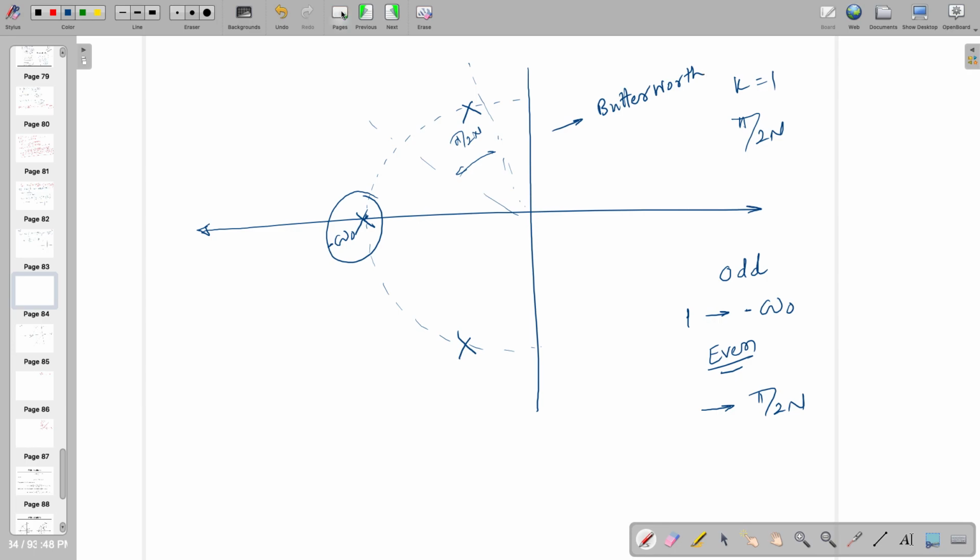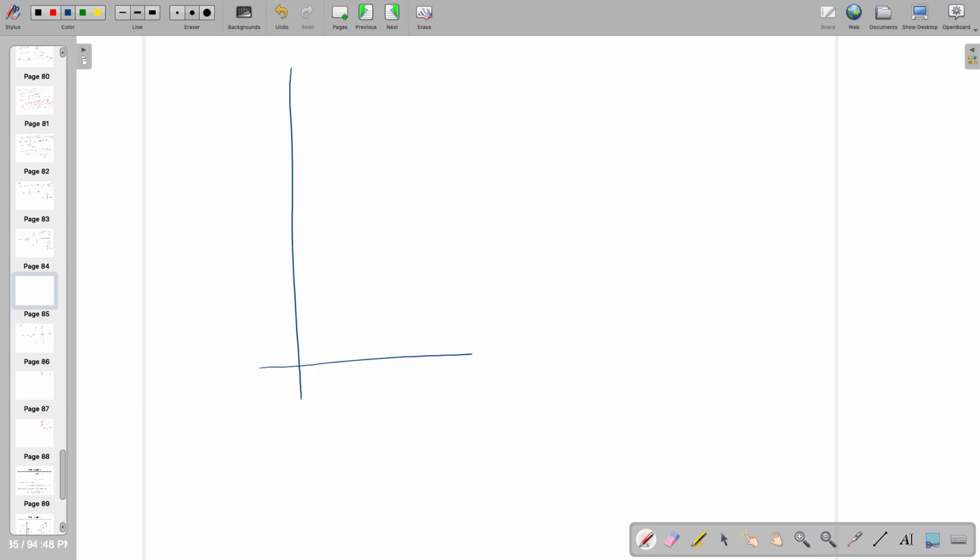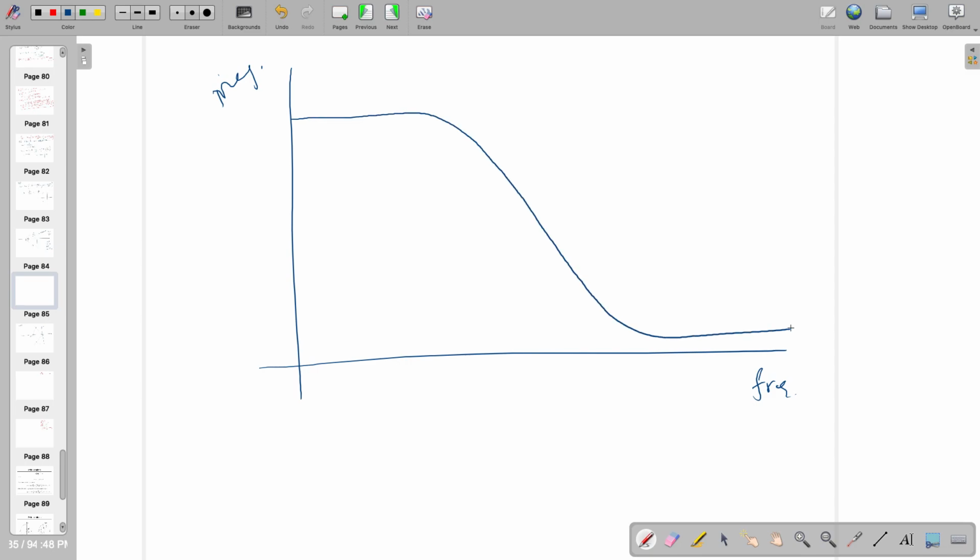So Butterworth has told that there are two possible things. If you are drawing the low pass filter magnitude with respect to frequency, you are expecting something like this, right? But there may be the case that you will get this answer also.